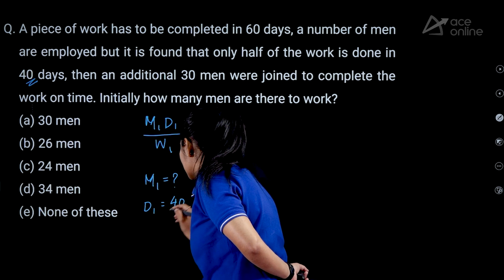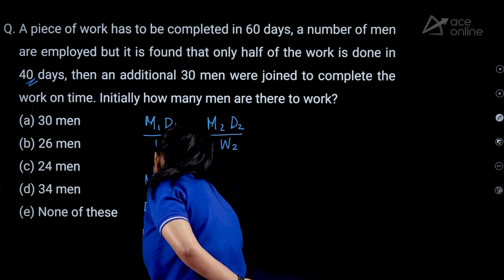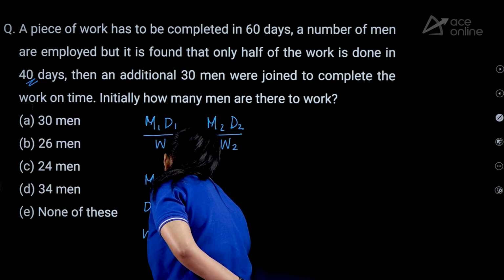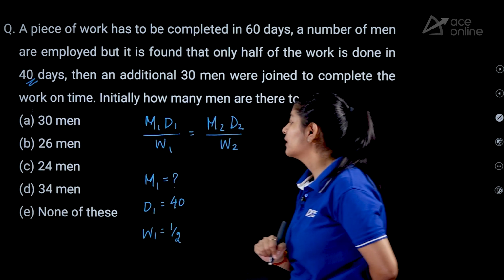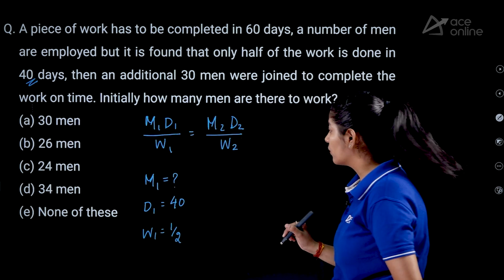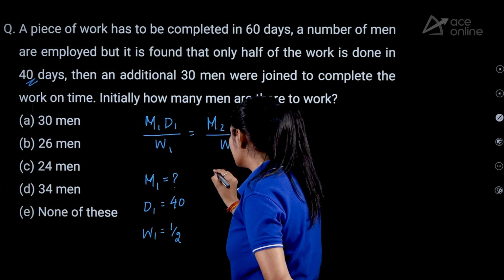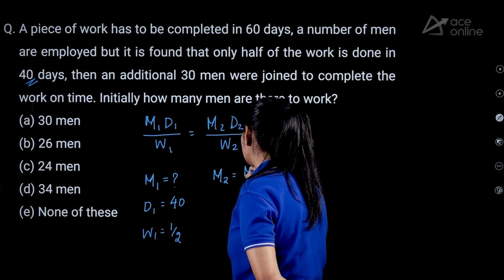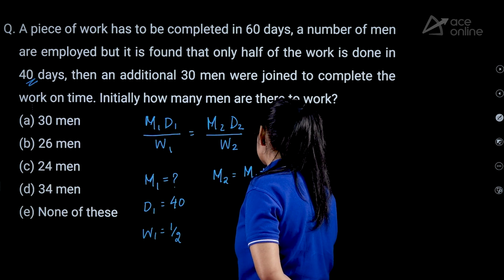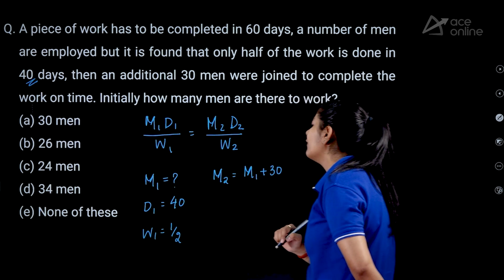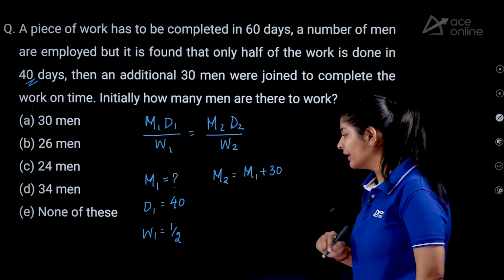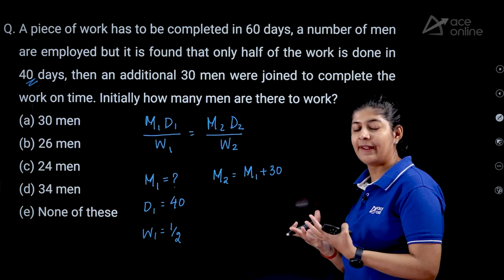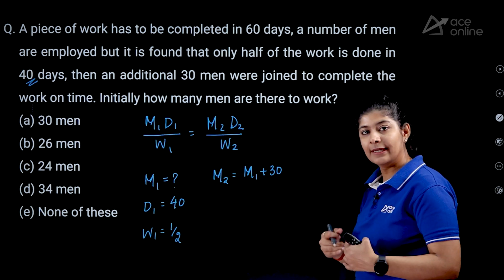So in this 40 days, the amount of W1 is equal to the half of the total work. Now the value of M2 is nothing but M1, the number of men that we are having on the initial level, plus 30.